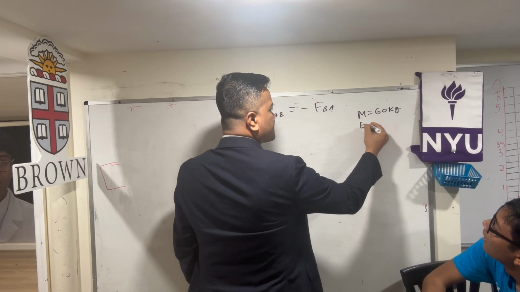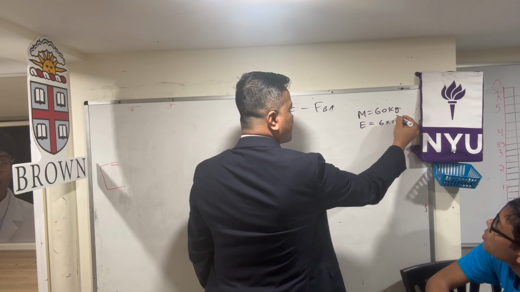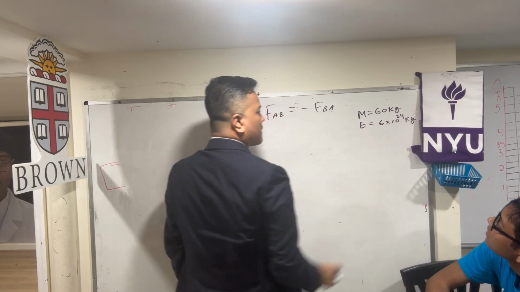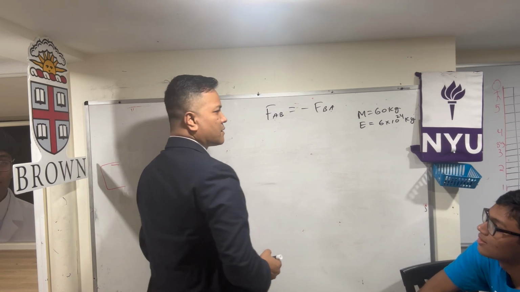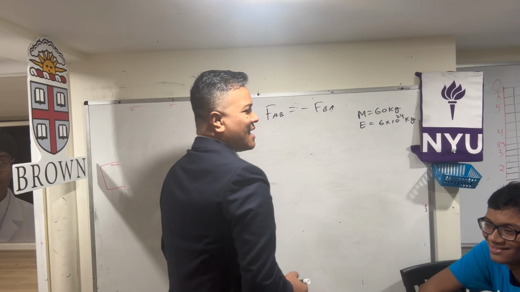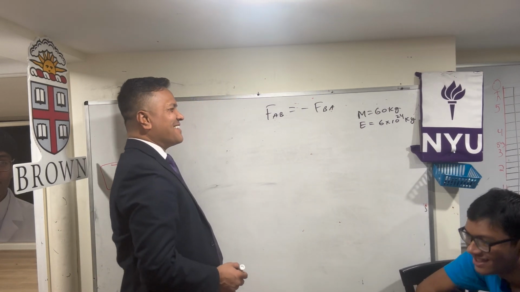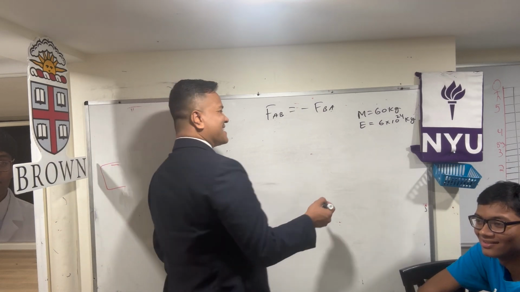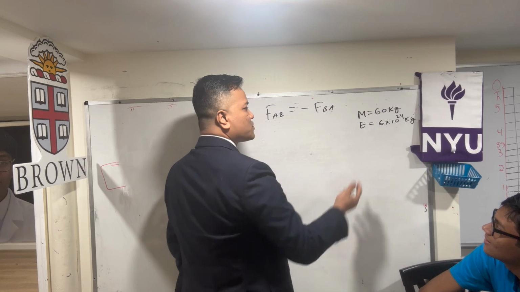The Earth is 10 to the 24 kilograms, a little bit bigger than Mr. Bari.